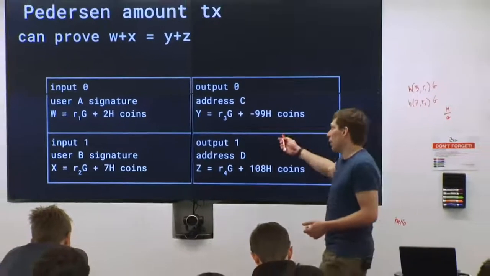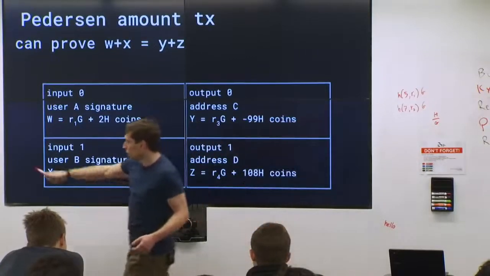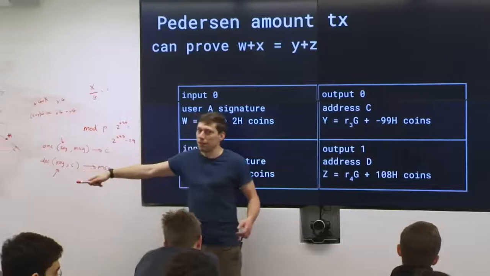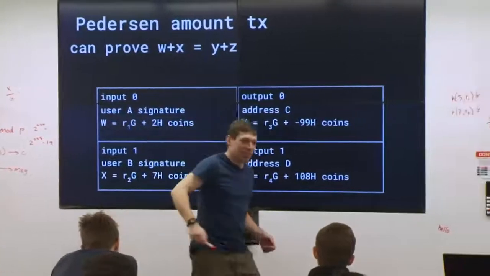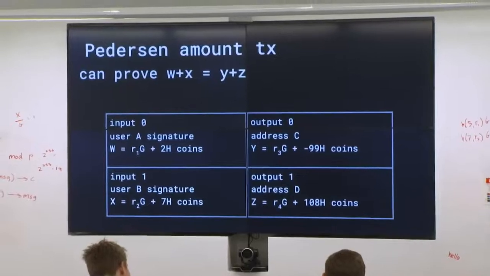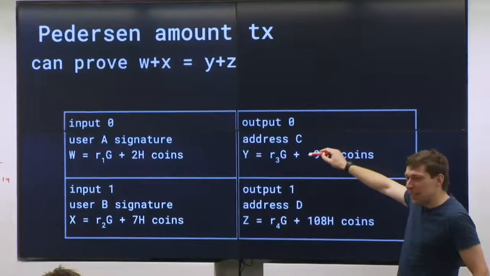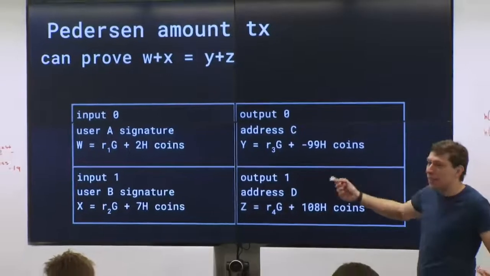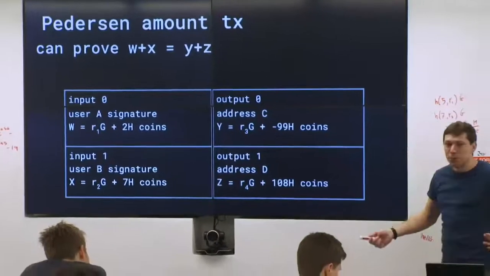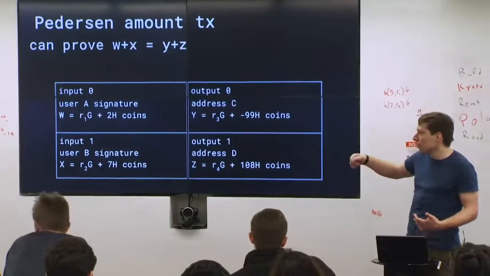So this would work, and you can calculate what -99 is. That's just going to be p minus 99, or minus 100. I'm off by 1 when I do these things. Anyway, it's not really minus 99, right? It's some big number that's going to be 32 bytes long, modulo p.